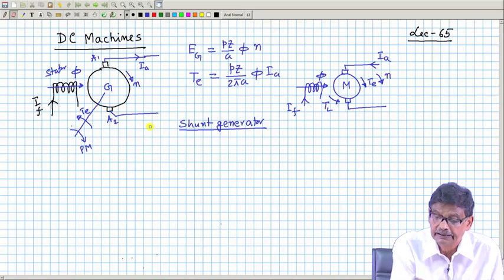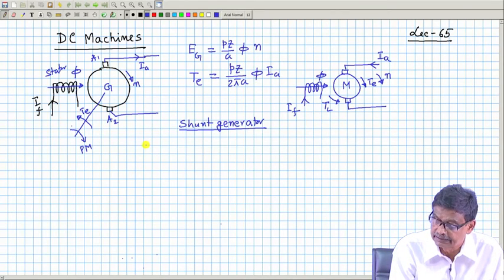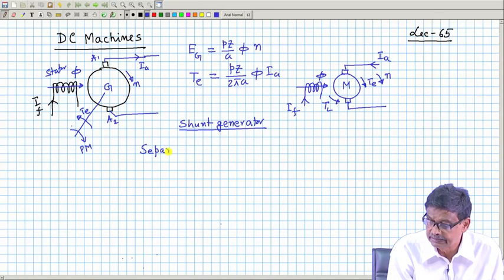First, this is a separately excited DC generator.